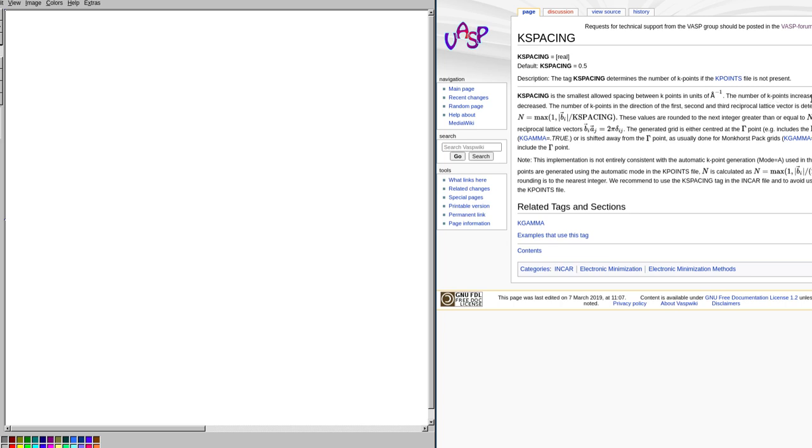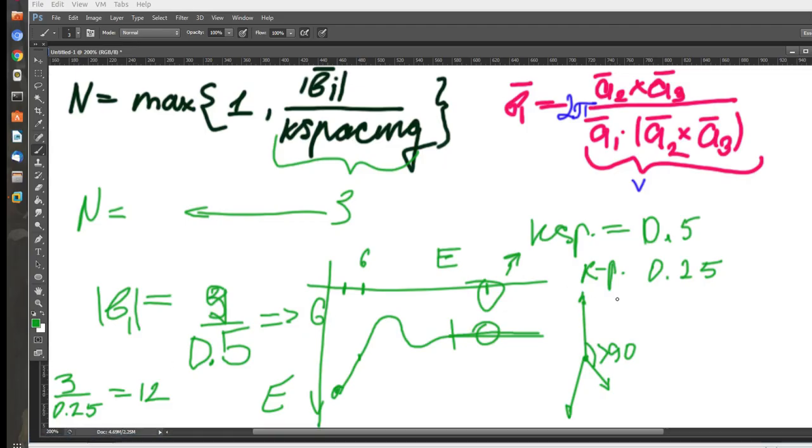The number of K points increases when the spacing is decreased. The number of K points in the direction of the first, second, and third reciprocal lattice vector is determined by... Oh yeah, everything is fine. So B1 is actually, yeah, let's say B1.